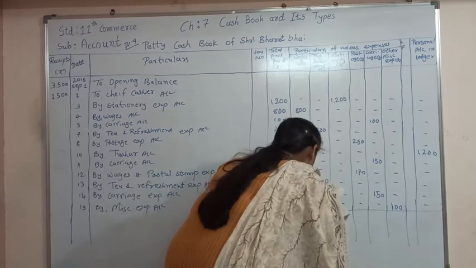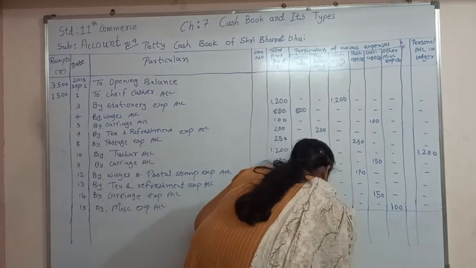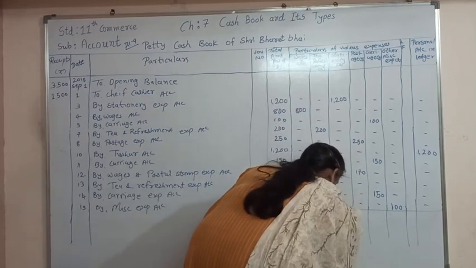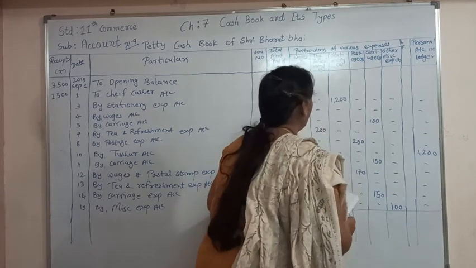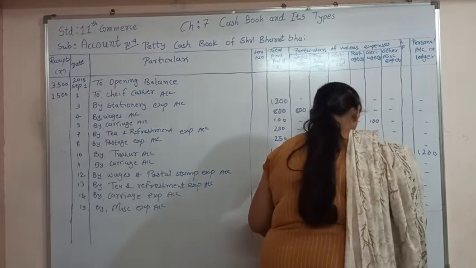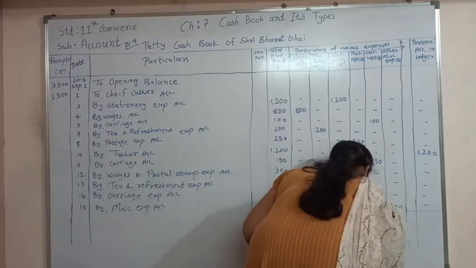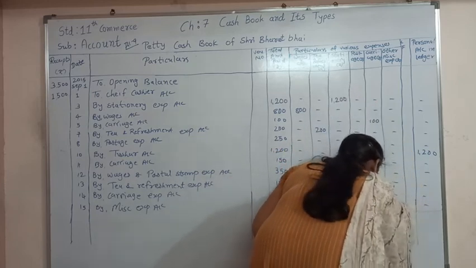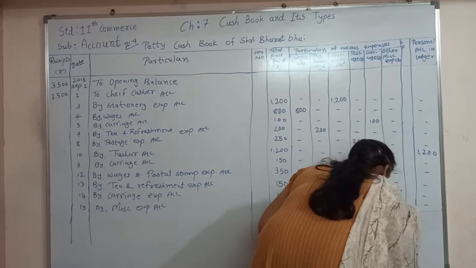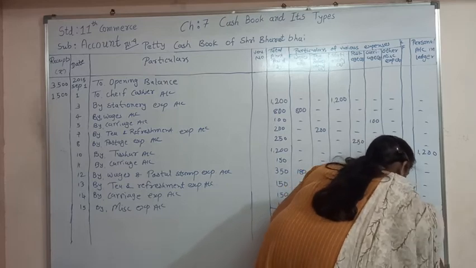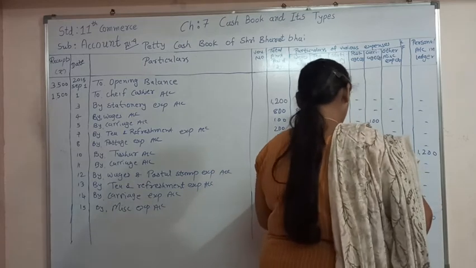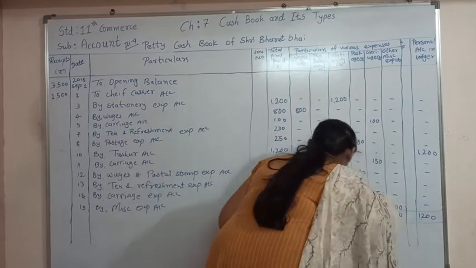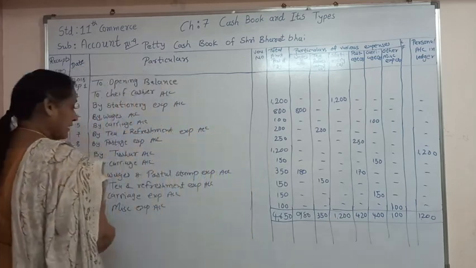Then here it will be 350, for stationery it will be 1,200, for postage it will be 420, for carriage it will be 400, other miscellaneous expense will be 100, and the personal account will be 1,200.